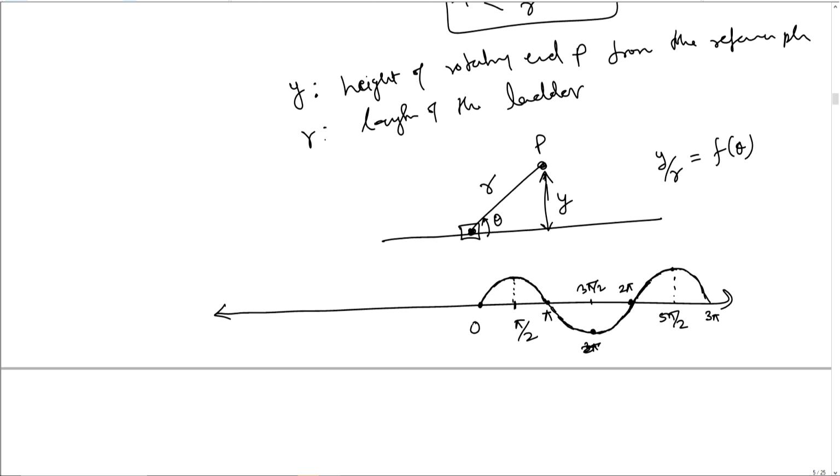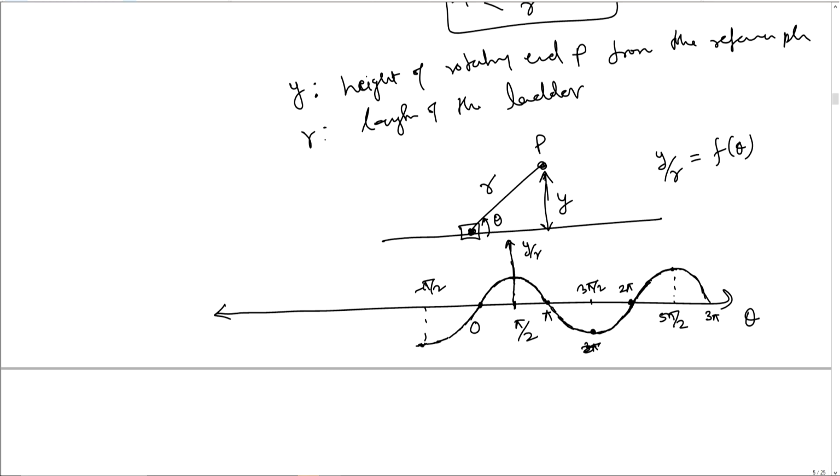Similarly, even if you rotate the ladder in the opposite direction, let us say clockwise, the same thing would happen in this direction. At, let us say, minus pi by 2, the height divided by length would become minus 1. So, on the y axis I am representing this function y by r equals f of theta, and on the x axis I am representing theta.